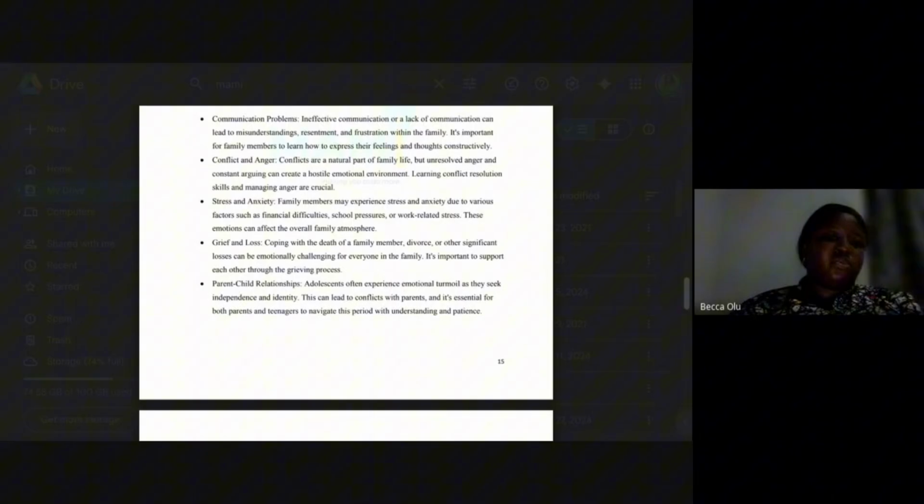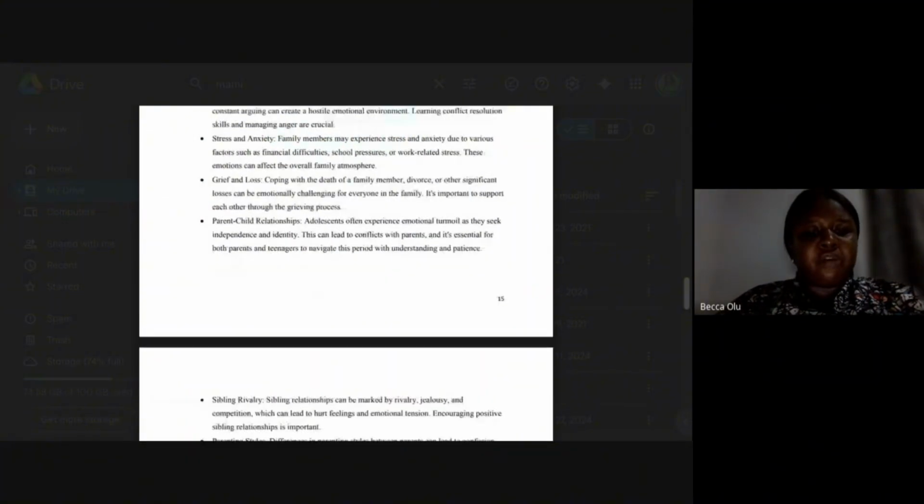It also takes a toll on the parents, and this can affect the oneness, the peace, the unity in the family. So grief and loss is a big issue, right? In the process of grief and loss, it's important that the family support each other. And again, like I said earlier, we're going to look at how to cope with all of these things. I'm just stating the issues that can happen in families.